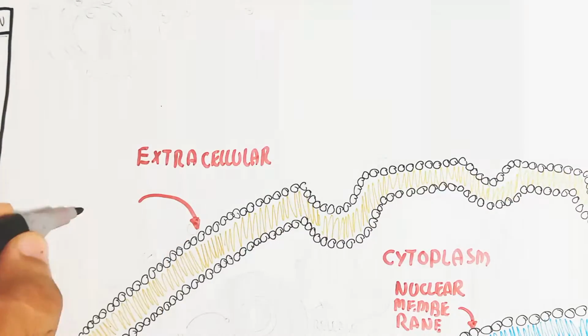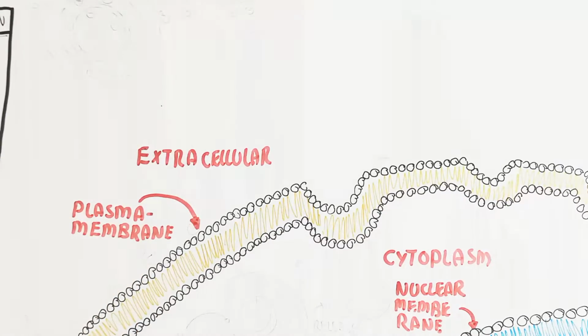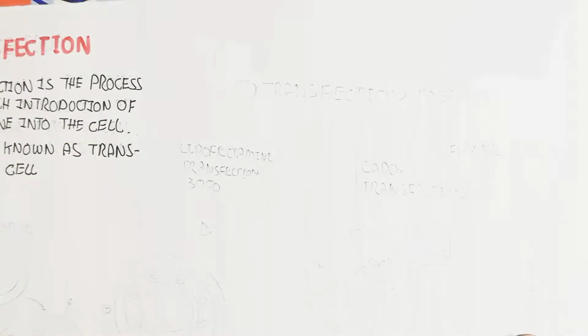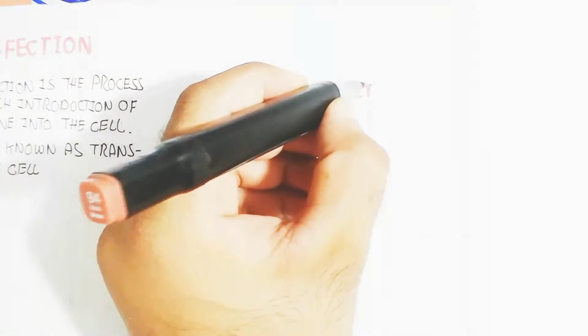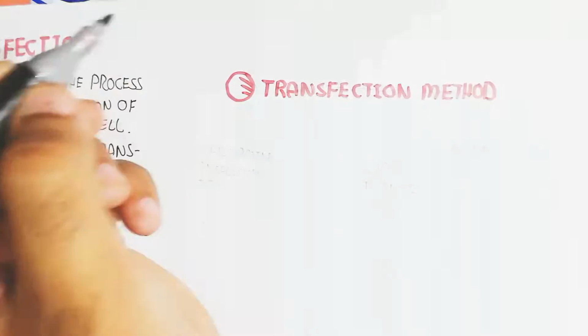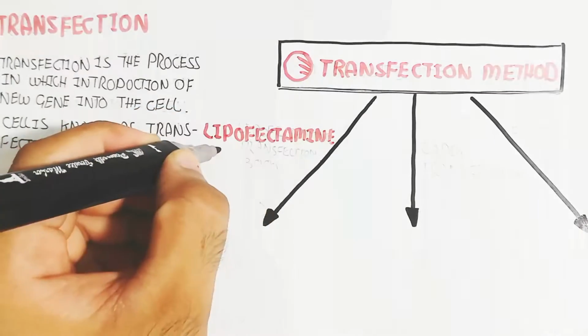Here you can see the brown color lining. This is the bilayer of phospholipid, remember. So let's begin to understand the transfection method. To make it easy to understand, I will simplify it.